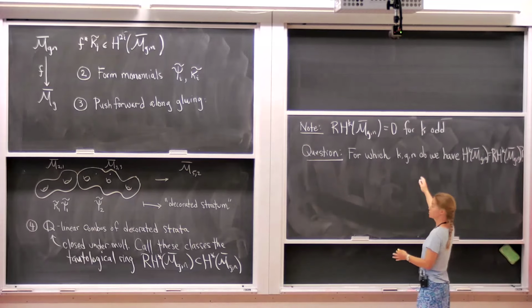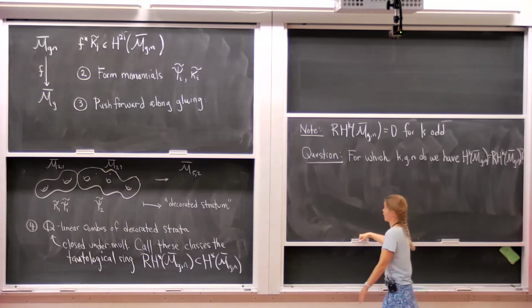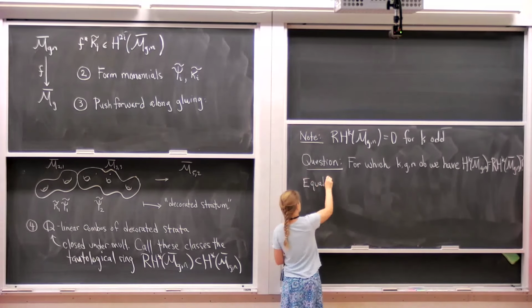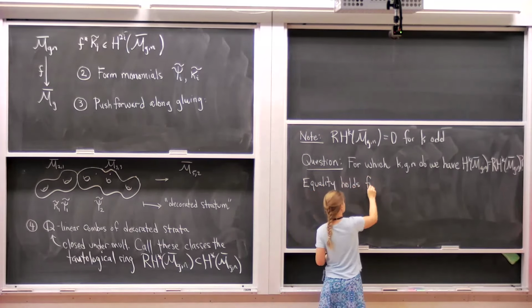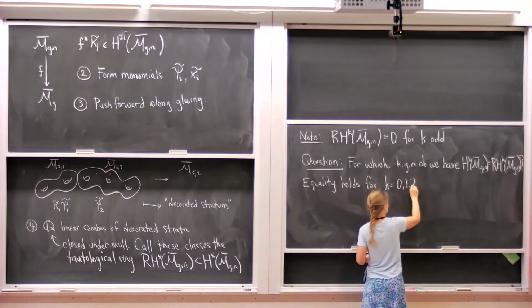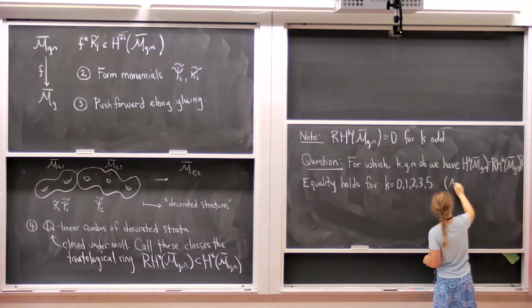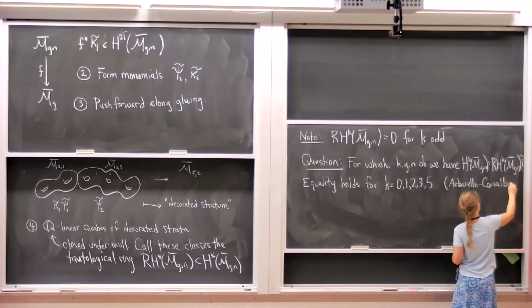So the answer to this question is known in a couple small values of k. Equality holds for k equal to 0, 1, 2, 3, and 5 by Arbarello and Cornalba in 1990.